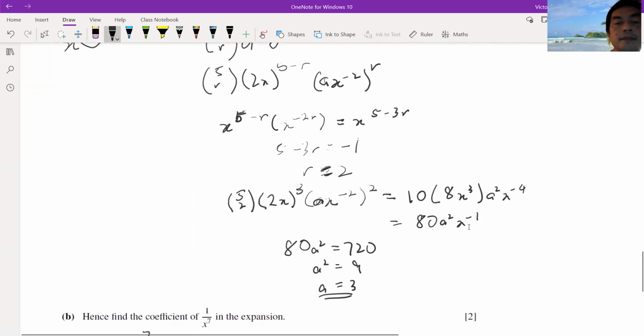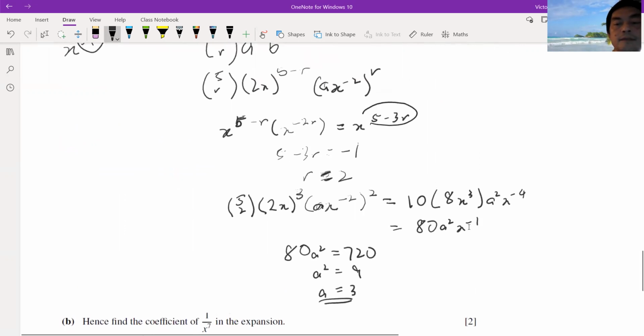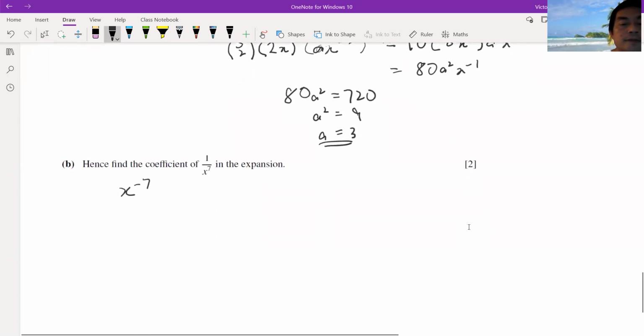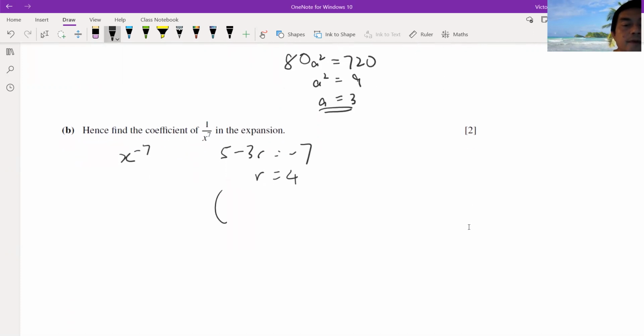Now again, the power is 5 minus 3r, so you want to find the value of r. So here r is 4. So you have 5C4, (2x) power 1, a is 3, so (3x^-2) power 4.